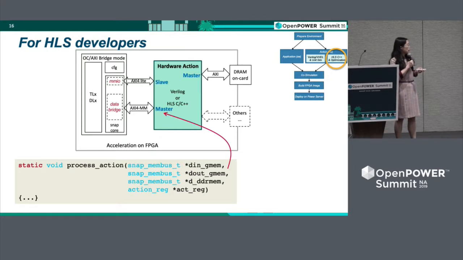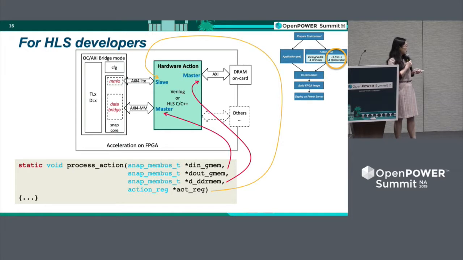They just look like 2 data arrays, and you can use your 64 bits virtual address to index the arrays. This DDR mem is mapped to this port, and it can talk to the memory on the card. The action register is this slave port. It can get the control information and the status information through the MMIO.